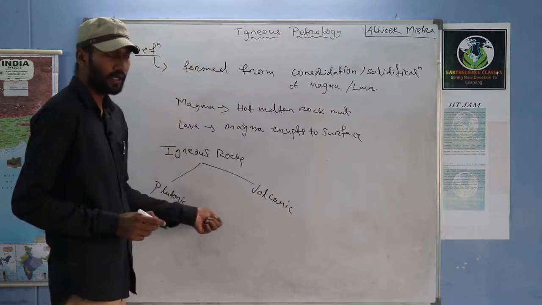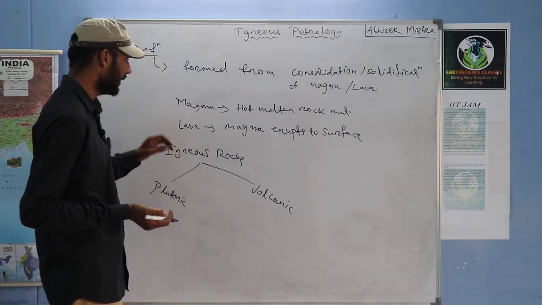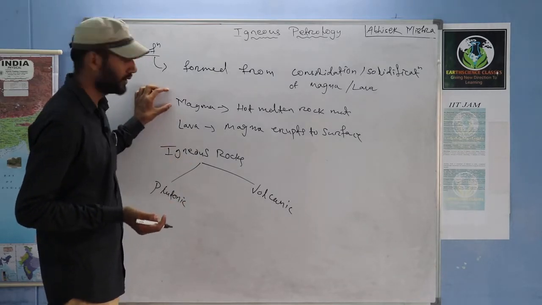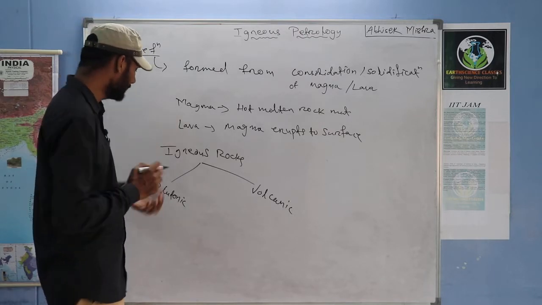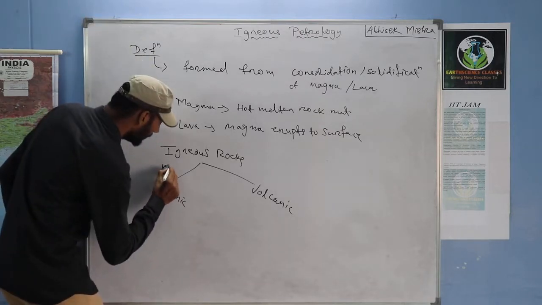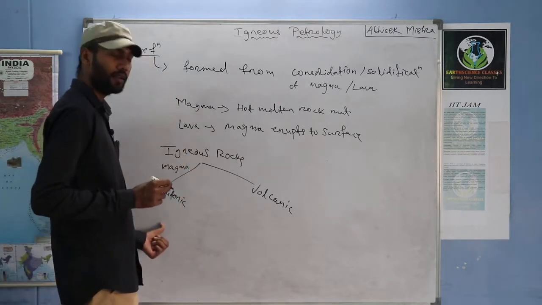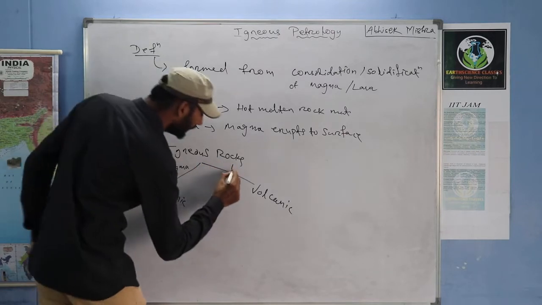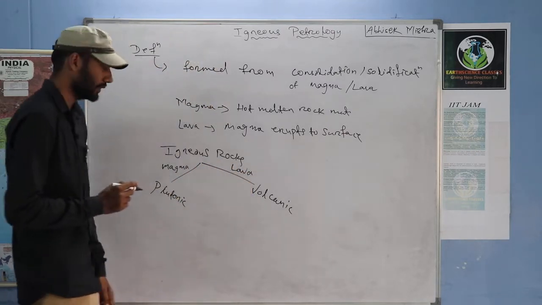One more type is there, as I have told you. I can say igneous rock is either formed from magma or formed from lava. When it is formed from magma, we are naming it plutonic igneous rock. When it is formed from lava, we are naming it volcanic igneous rock.